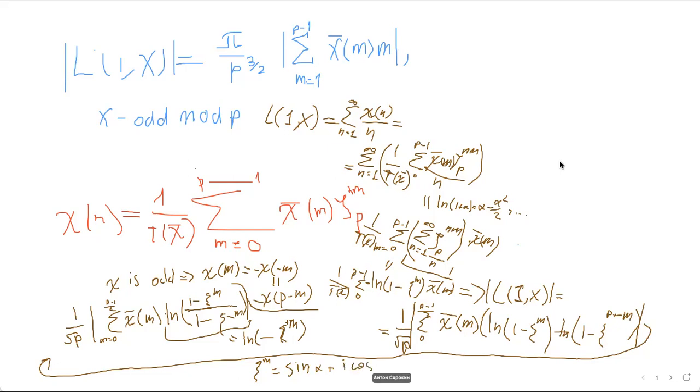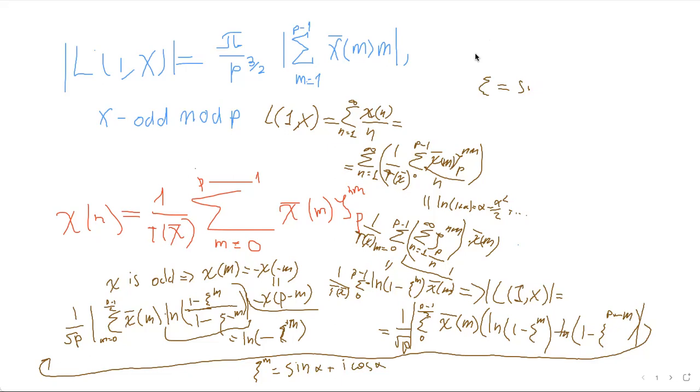Wait, zeta is equal to what? Zeta is the first root of unity, so it's equal to the exponent.